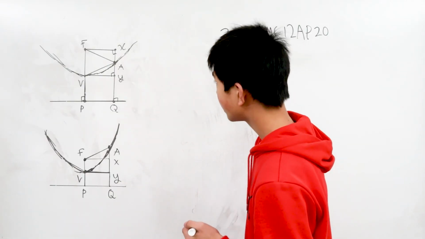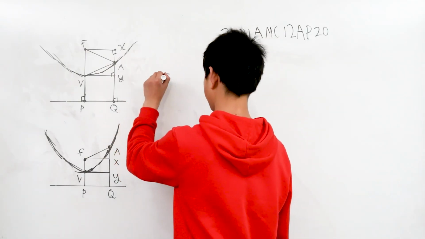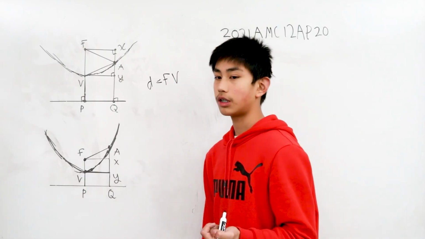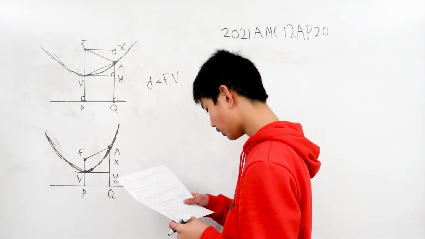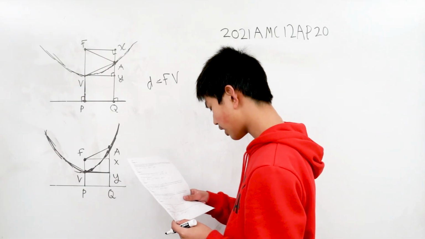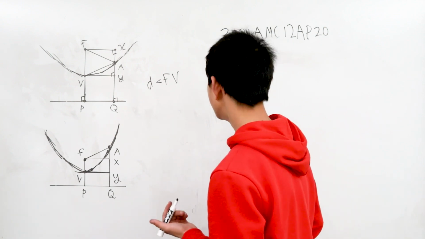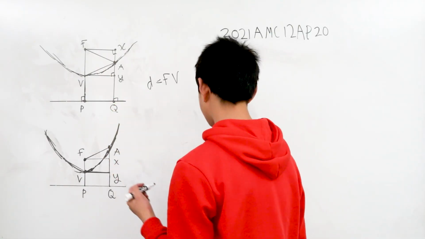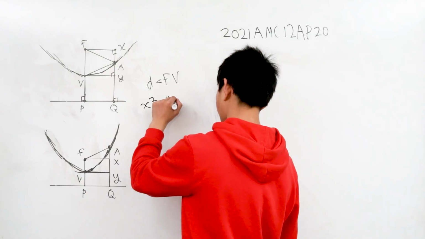First thing we can say is that d is equal to FV, and we also know that the equation for this parabola is x squared equals 4dy.